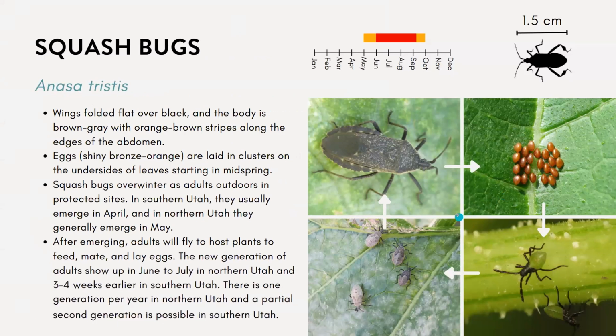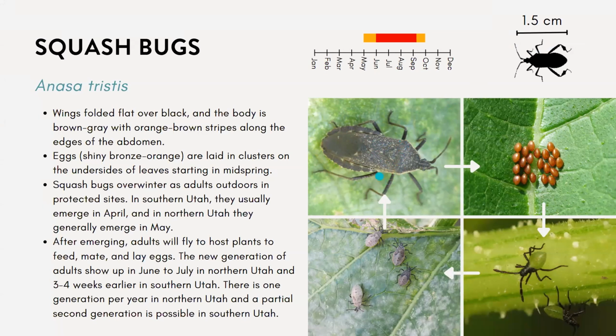Okay, everyone's favorite is the squash bugs. So if you guys aren't familiar with it, you should be, but this is what they look like. They're a true bug. They have wings that are folded flat over their back. They're about 1.5 centimeters big, and they have this triangular shape on their back. So that's kind of an identifying characteristic.